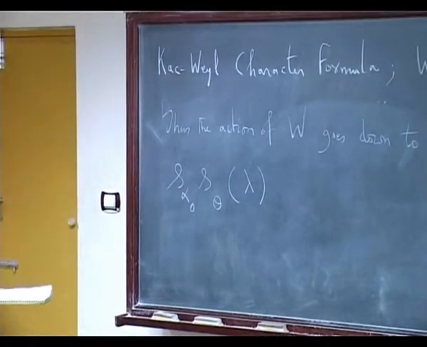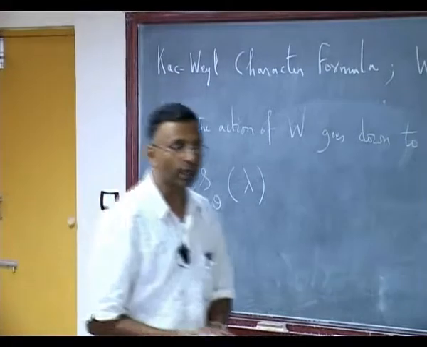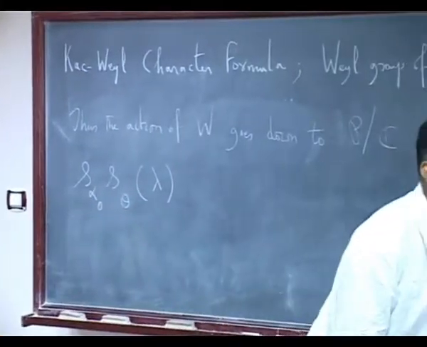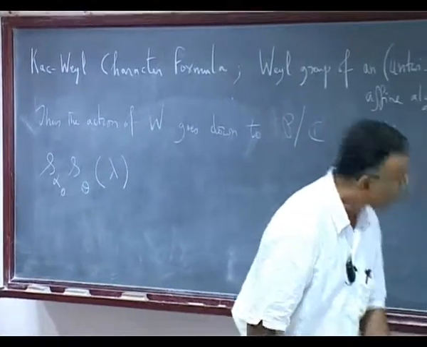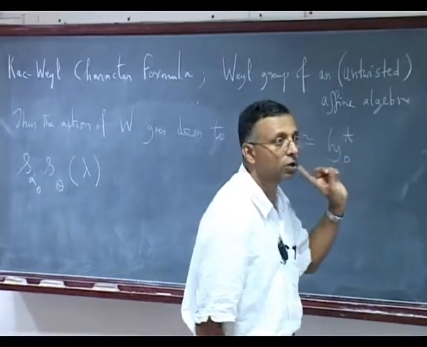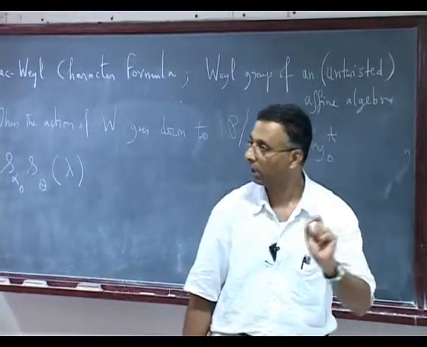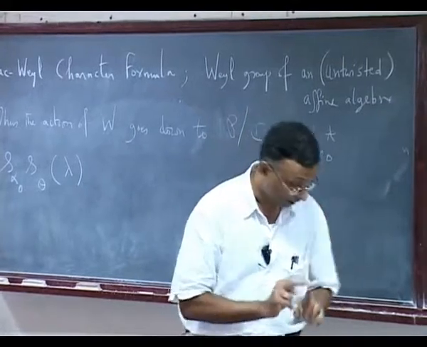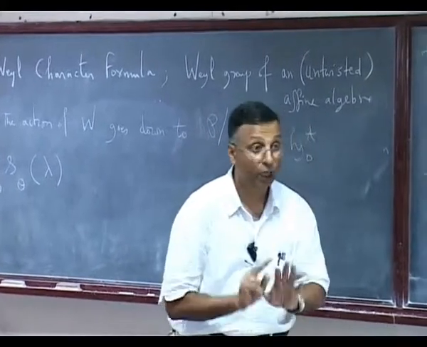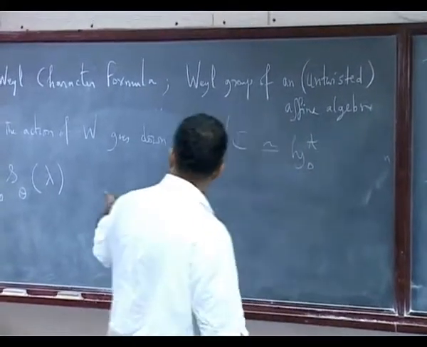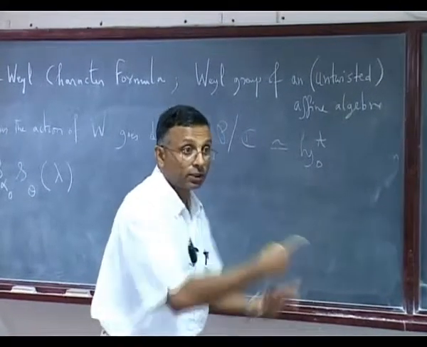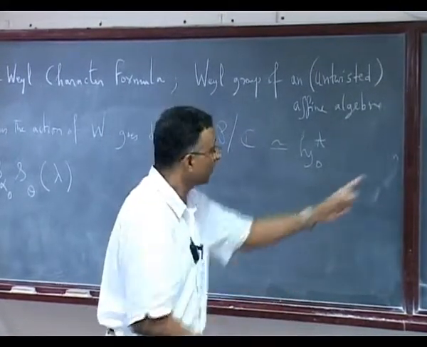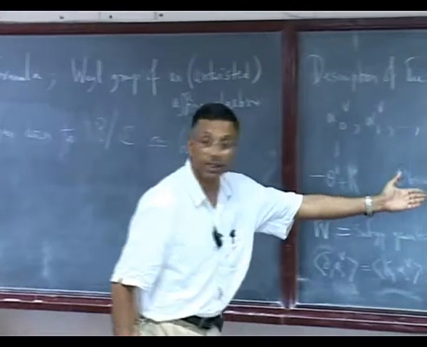This was again a very good calculation to have done, but for want of time, since I want to start talking about the Kac character formula, I will not do this. It's a very good exercise for you to try, because you know how the theta checks, you know all the information, everything is explicit.